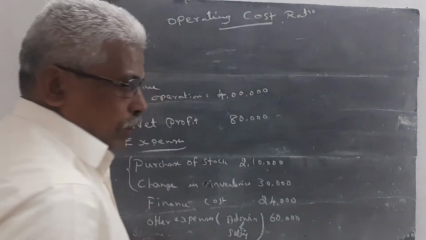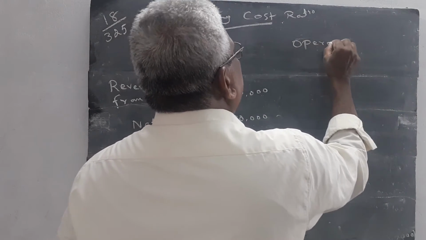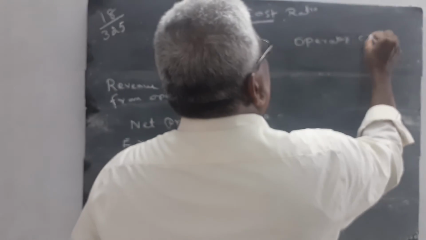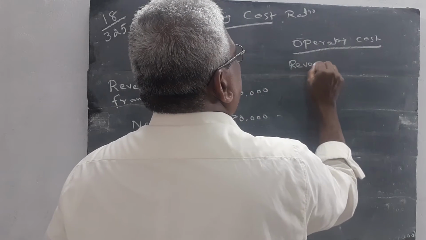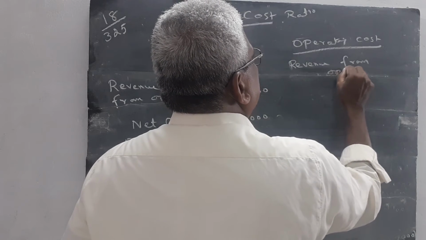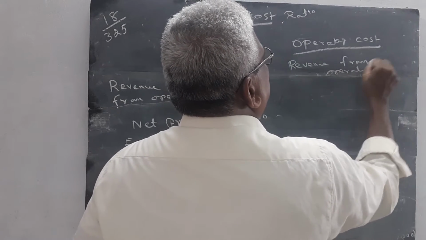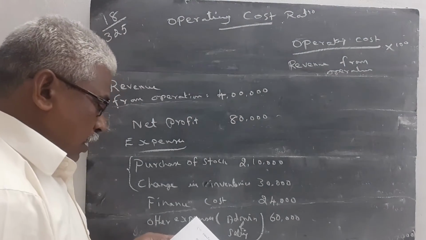Operating cost ratio is equal to operating cost divided by revenue from operation into 100. Revenue from operation is given in the question.